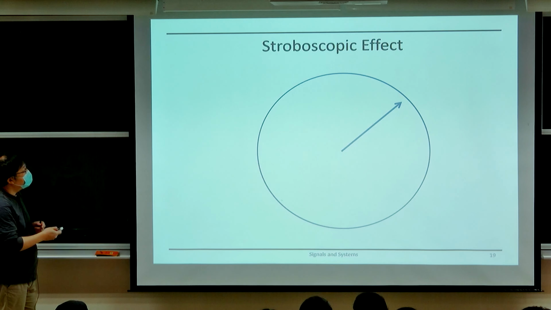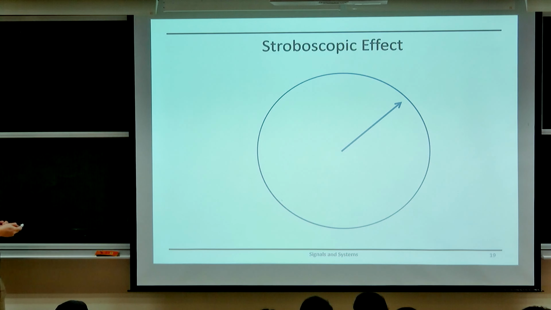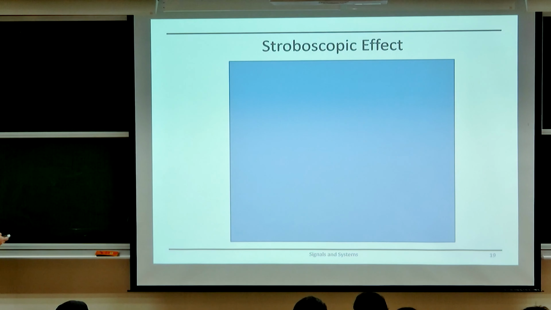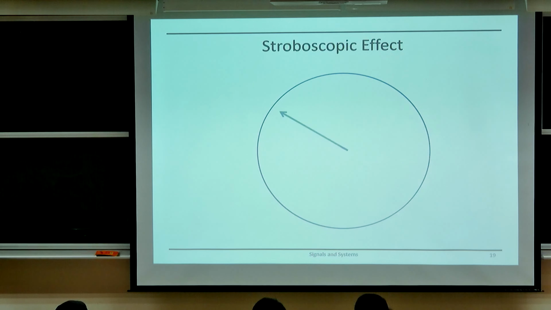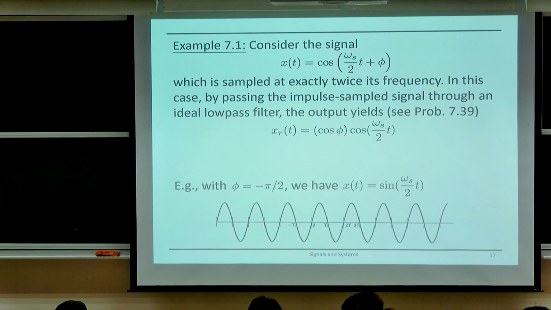But if you do not sample fast enough, what do you see? You see it going backwards, right? Okay. So this is the effect of aliasing, okay?